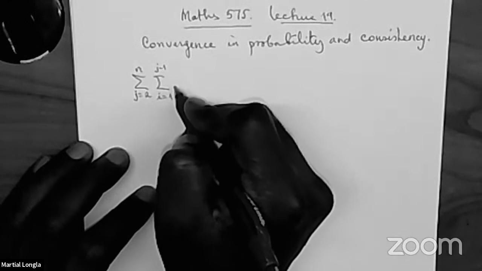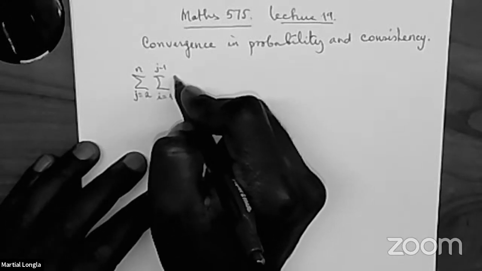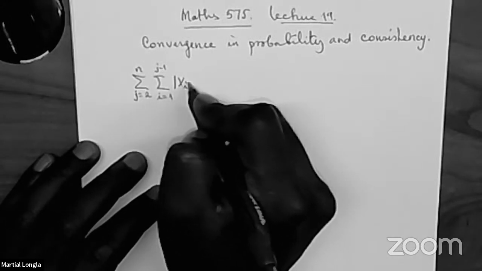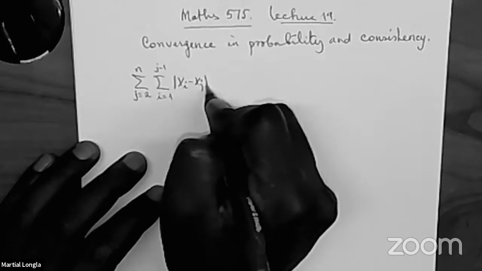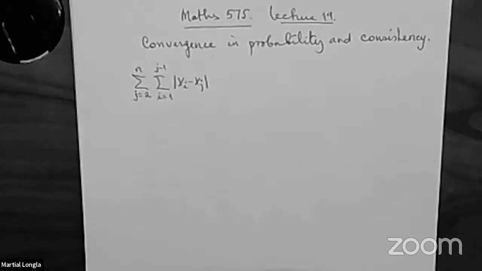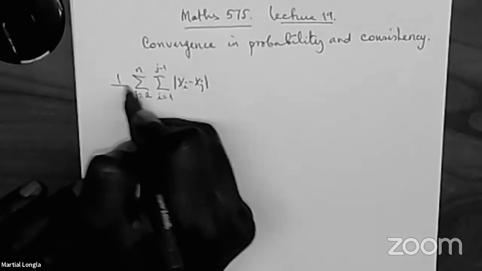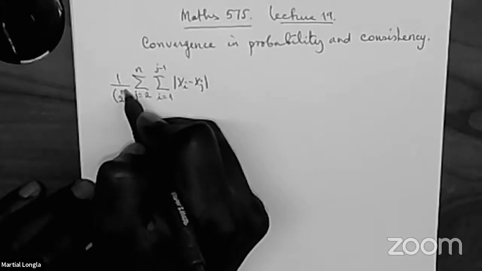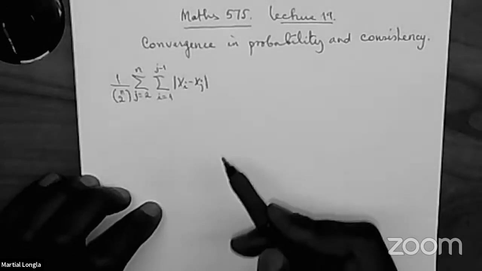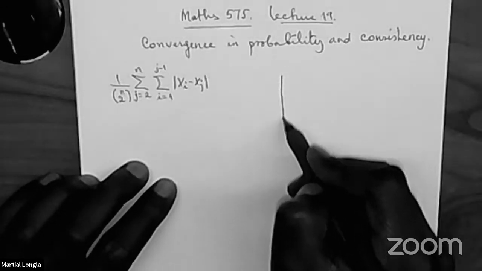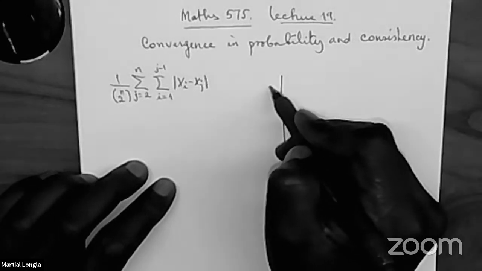And then inside, you have the absolute value of xi minus xj. I don't care about the other coefficient that we have there. I could just pull it outside here. Now, I want to show you graphically what this actually means.